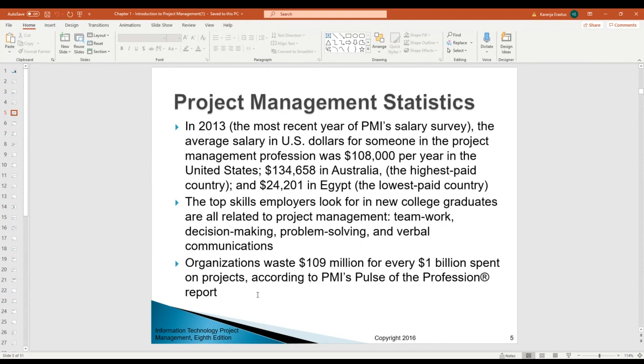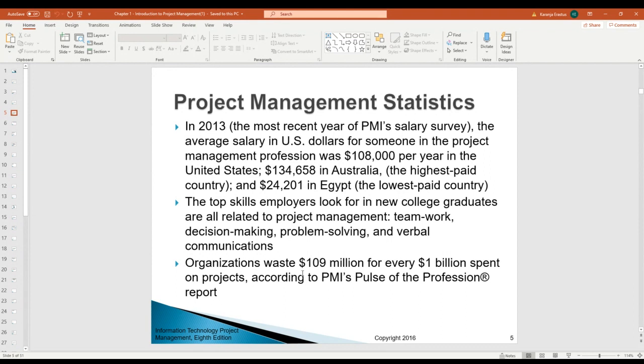So we need people who are skilled in project management, because companies waste a lot of money. According to the PMI Pulse of the Profession, for every $1 billion spent on projects, 109 million is wasted, which is almost 10%. So you can see there's a lot of wastage. And note that by the time we are all done with this pandemic, there will be an uproar, because a lot of money is going to be wasted in trying to find the cure.